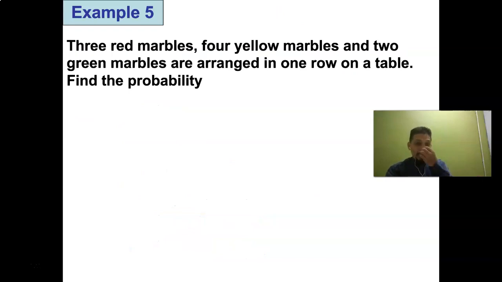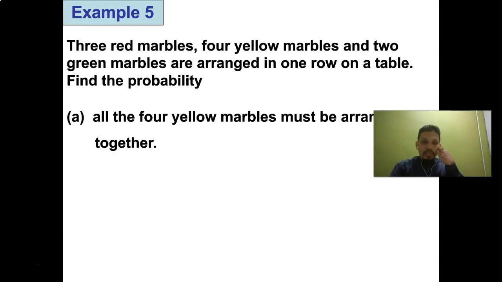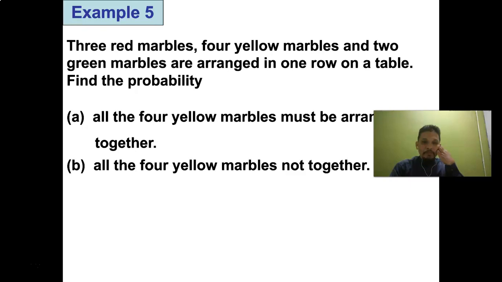3 red marbles, 4 yellow marbles, and 2 green marbles are arranged in one row on the table. Find the probability that all 4 yellow marbles are arranged together.